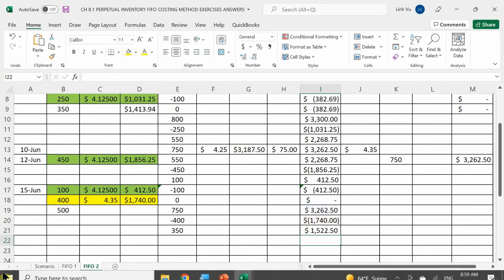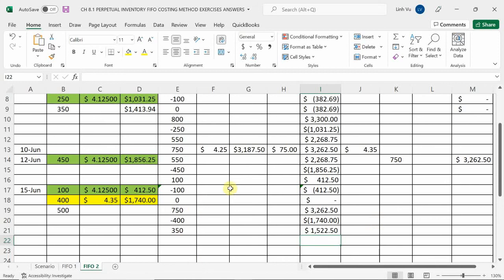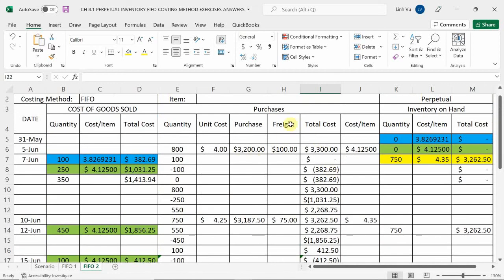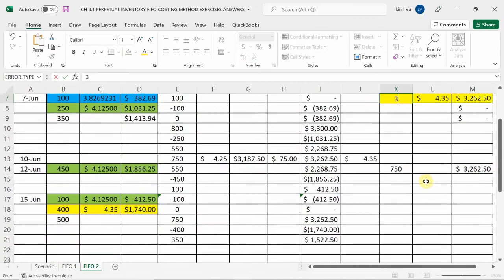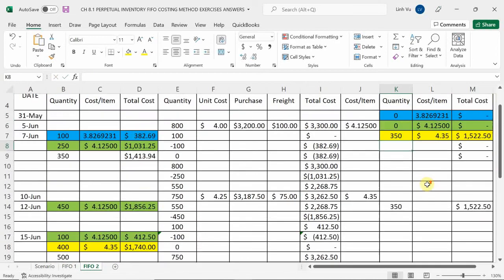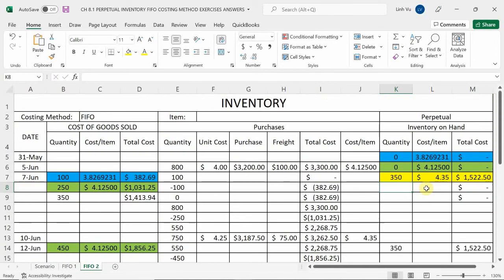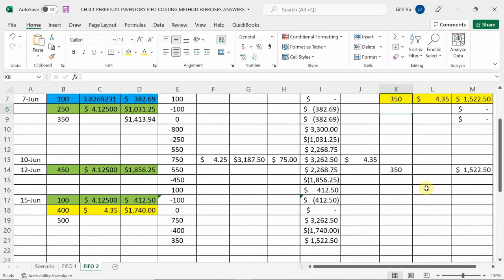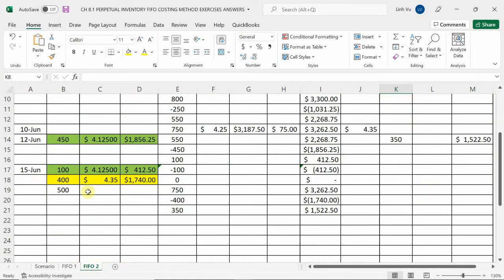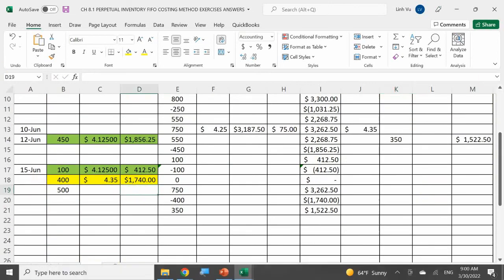Good, right? So let's go ahead and update that since I only have 350 left. It should give me my answer to be $1,522.50. Good. So, of course, I need to add up so that when I journalize this, I know what my total is for selling all 500 units. It cost me a grand total of $2,152.50.